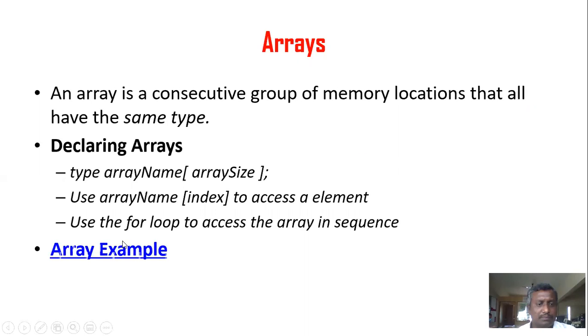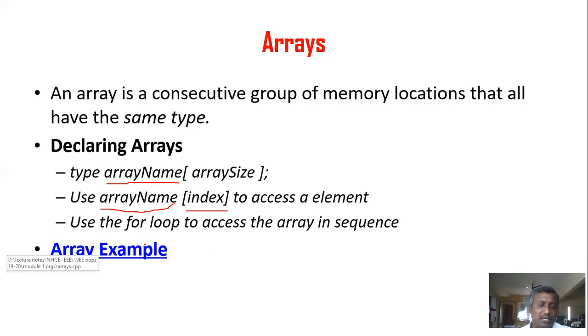By specifying the array name and the index of the array location, we can access a particular element. Either you can write a value into an element, or you can read a value from an array location. The same array name we declared is used here. First we have to declare, then we have to make use of it.